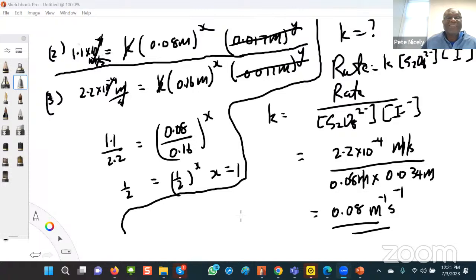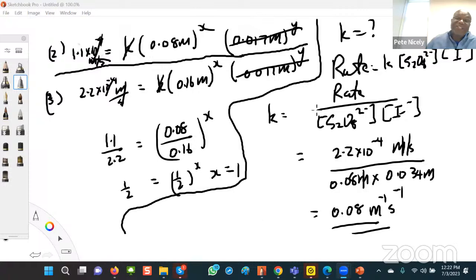Okay, so somebody's asking, do we have to give the overall rate law? Well, it depends on what the question is asking for, right? So if the question is asking for the rate law, then yes. I don't know if you're talking about the rate law or the order, the total order. But again, it depends on what the question is asking for. If you're doing a question where it's asking for the order for each reactant and the total order, then that's basically what you have to calculate.